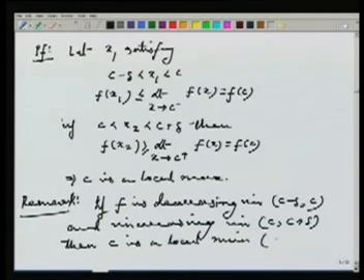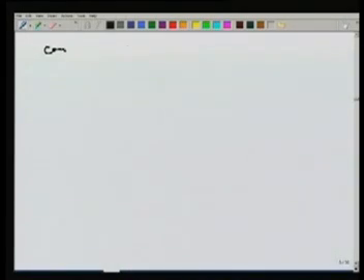Of course, our assumption is f is continuous at c. Now this result has an interesting corollary.